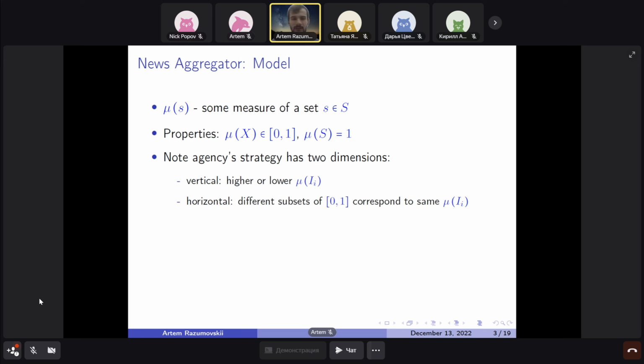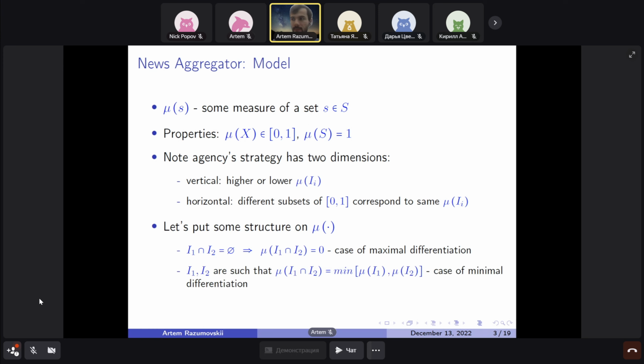Okay, let's finish this slide and then I will show you how it works. That's about differentiation. Different agencies can pick different topics to produce in high quality, but they can coincide, then we will have minimal differentiation, because one agency produced the same high quality topics as another.